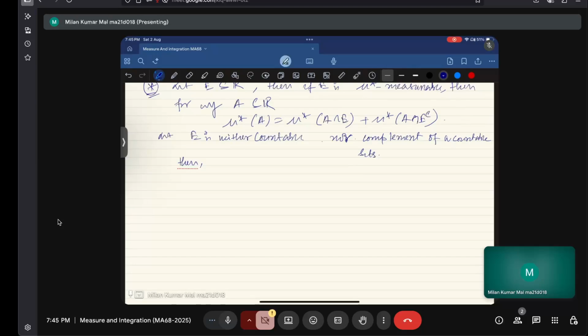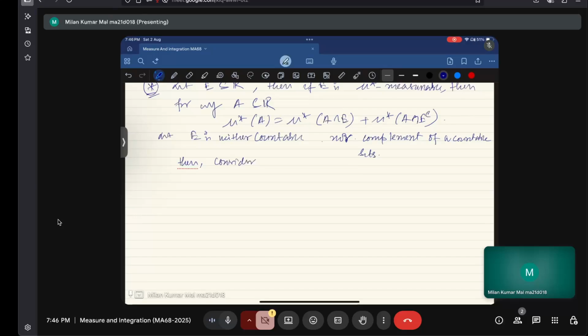So if we take E, if E is countable or uncountable, then consider, we have to find an A for which this equality does not hold.